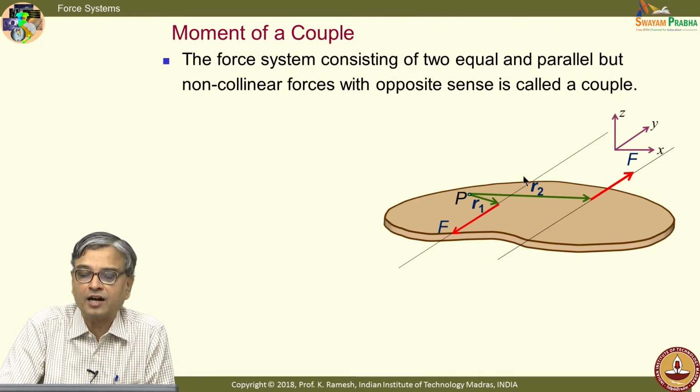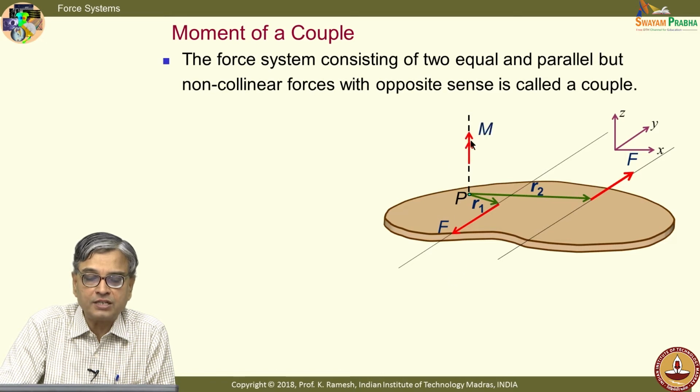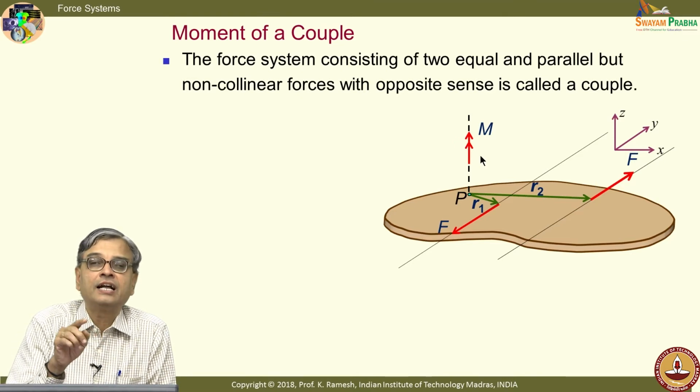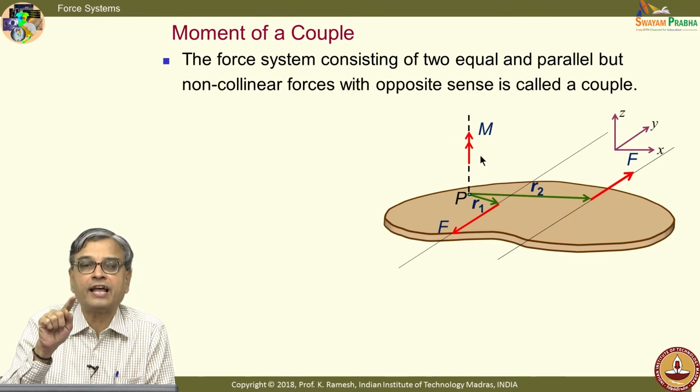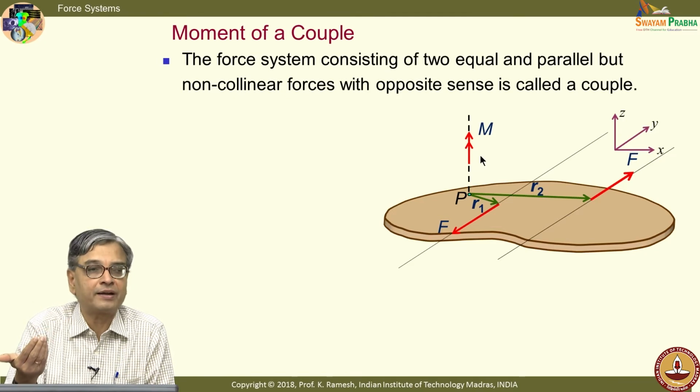We have already learned how to find out the moment of these forces about point P. So, when I do that, I would essentially get a moment about this. We will have to find out the value, and I have also used a different symbolism here. See, in vectorial notation, I can have a two-headed arrow to depict the moment.